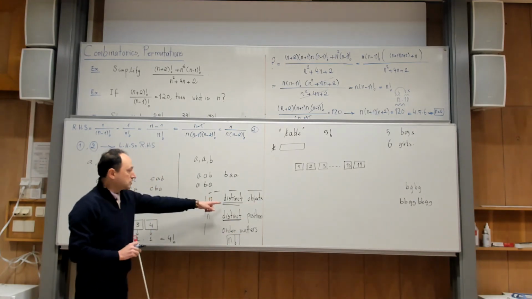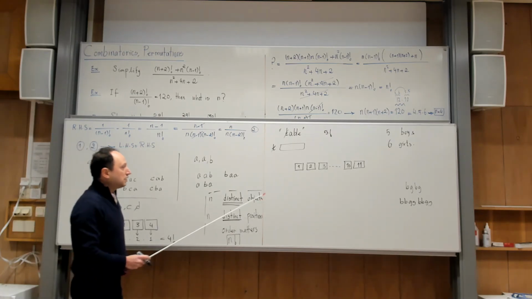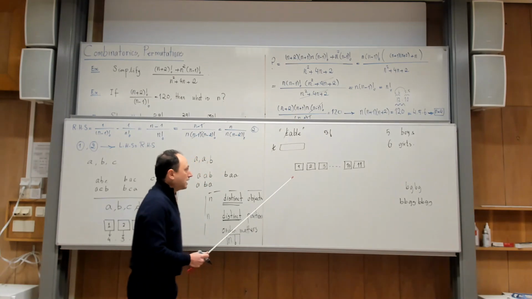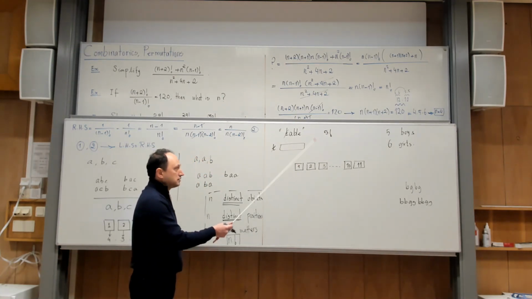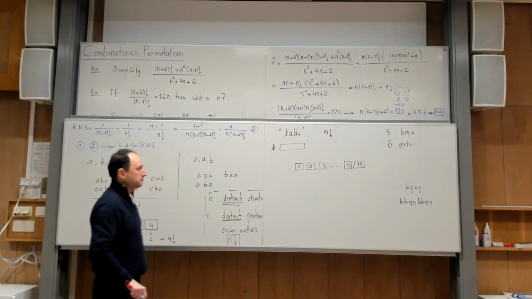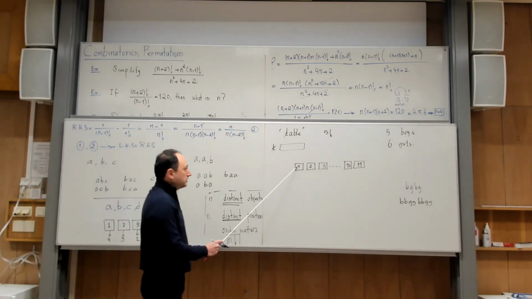All the objects are distinct because they are human beings. And then I want to have a constraint. Can you tell me which one of these sexes should occupy the first position?